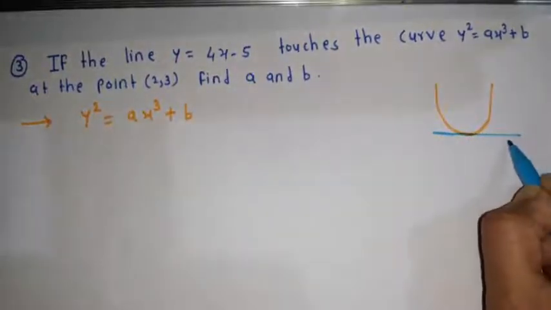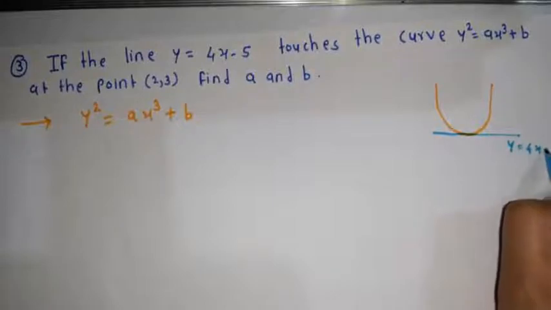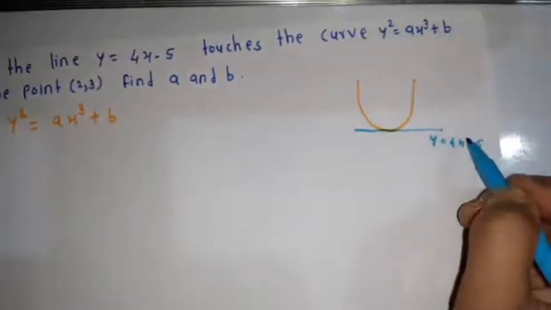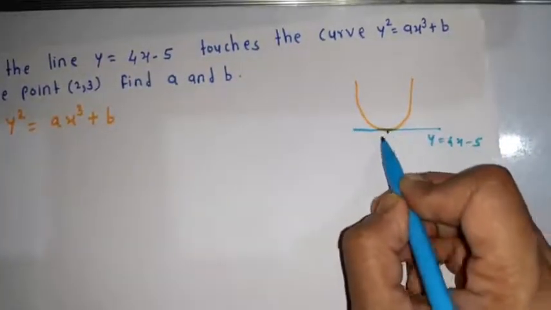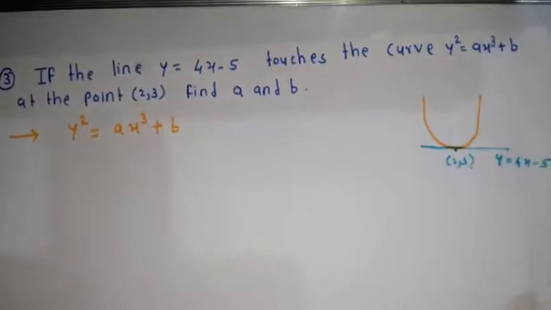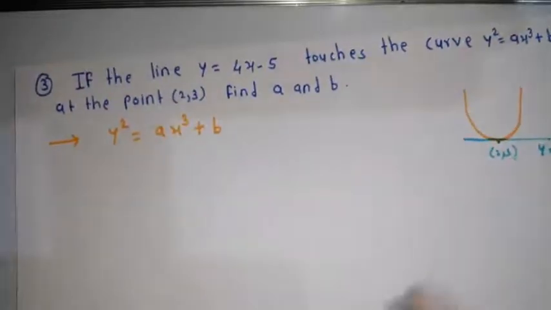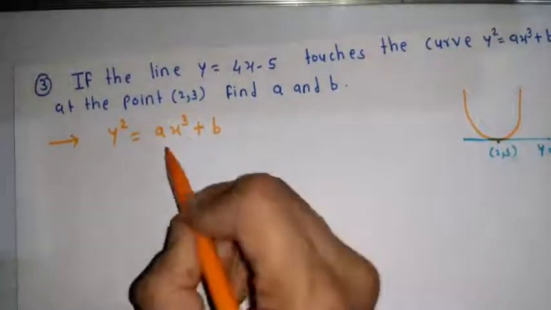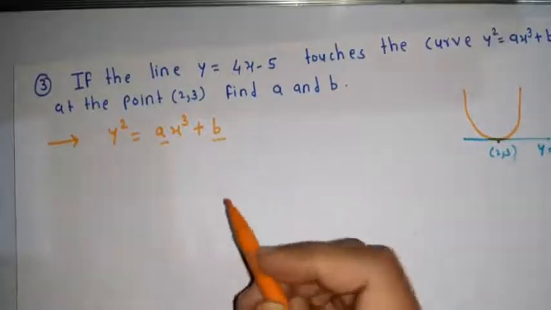The equation of the line is y equal to 4x minus 5. This line touches at the point, suppose the point is (2, 3). Okay, and now find out a and b. So by using geometry of this figure we can find out. Okay students, we have to find out this a and b.